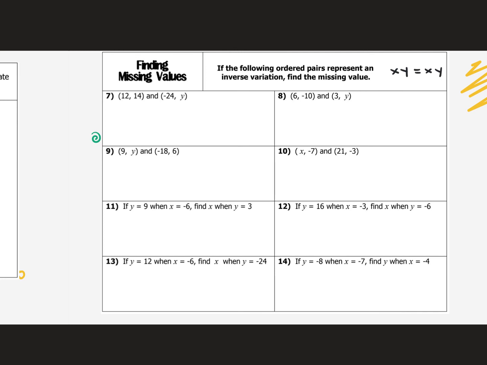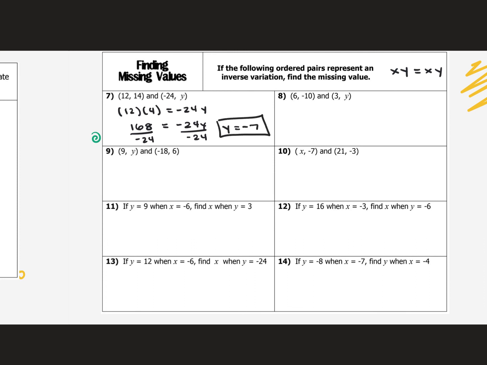So here we're going to have 12 times 4 is equal to negative 24 times y. 12 times 4 is going to give me 48, which is equal to negative 24y. Divide both sides by negative 24, and we get y is equal to negative 2.